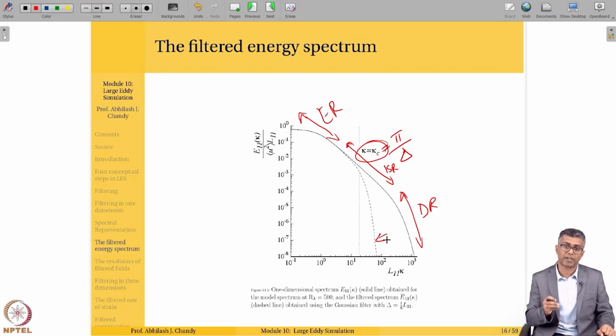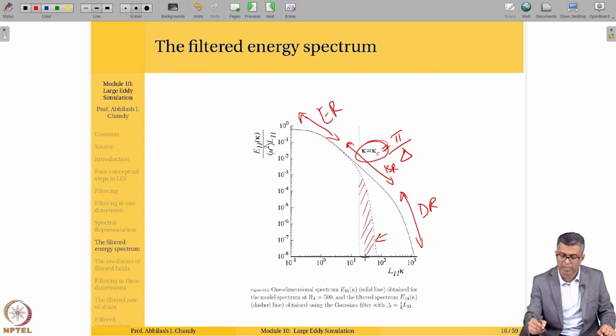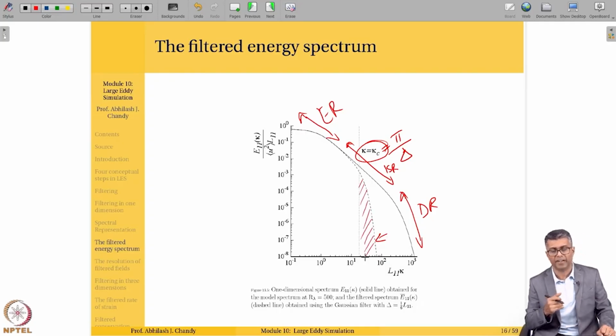Now, the sharp spectral filter removes, annihilates, destroys all wave numbers greater than kappa c. Here, the filtered energy spectrum is obtained using a Gaussian filter. So you might ask the question, why is it not dropping down immediately? Why is this tail there?